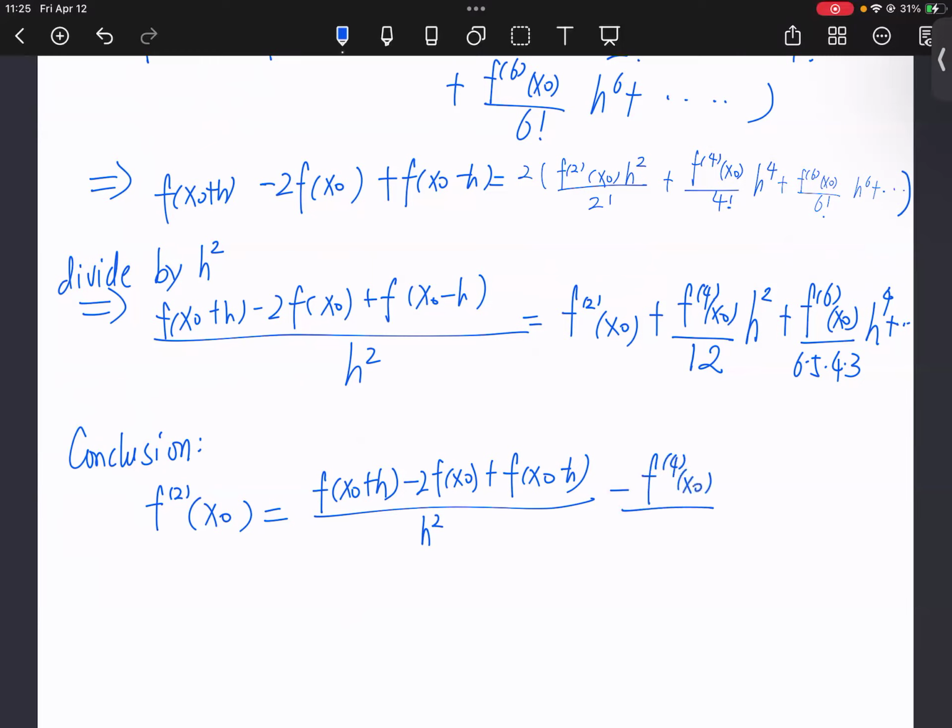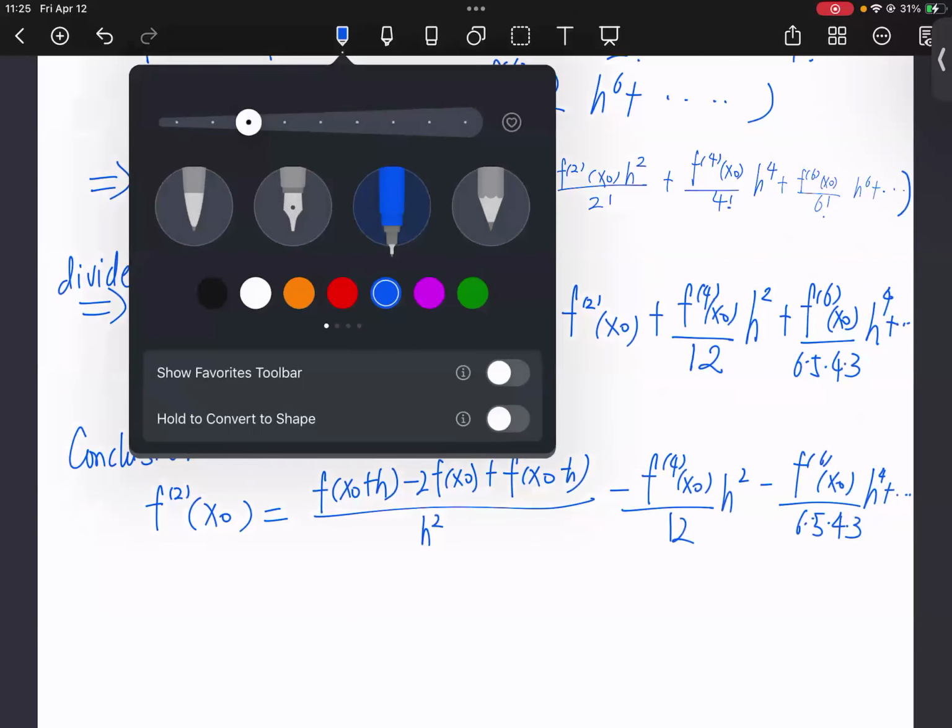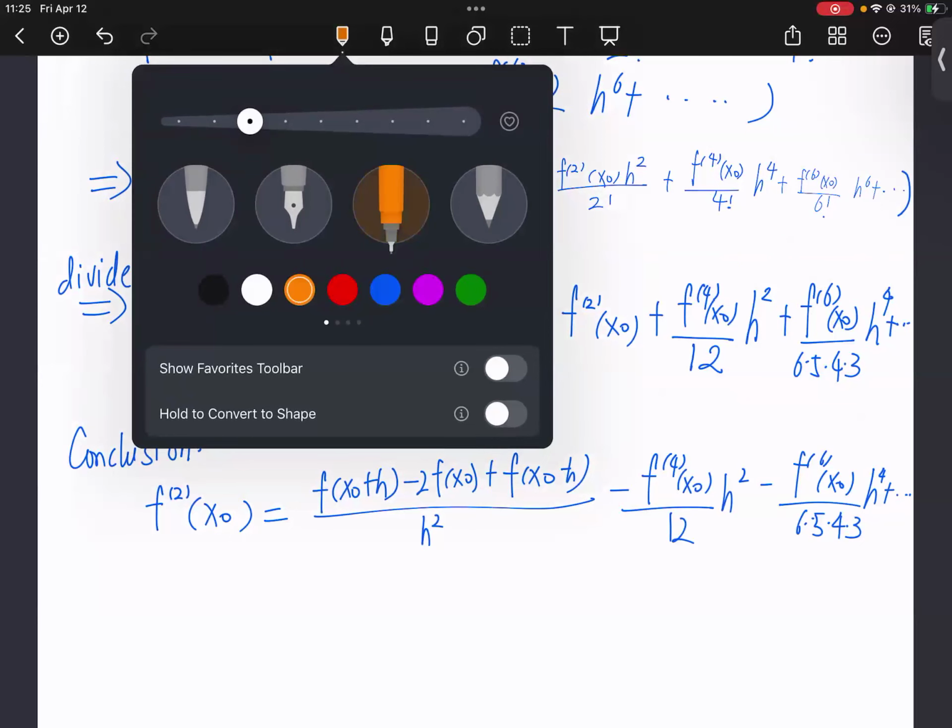So the error looks like this, h squared times the sixth derivative. And once again, you will see the dominant error term here should be h squared. So here I'm going to write this one.